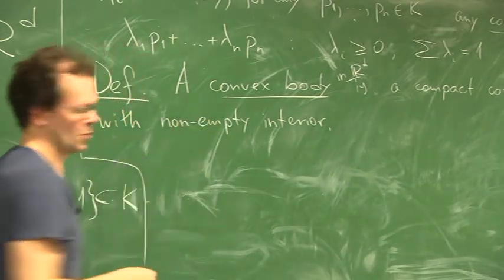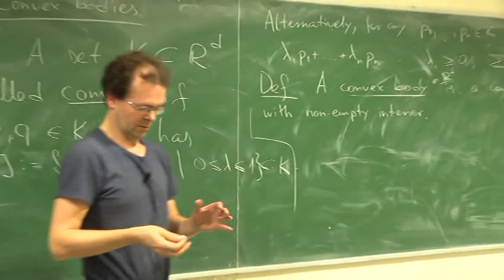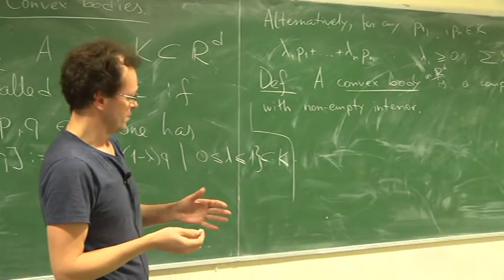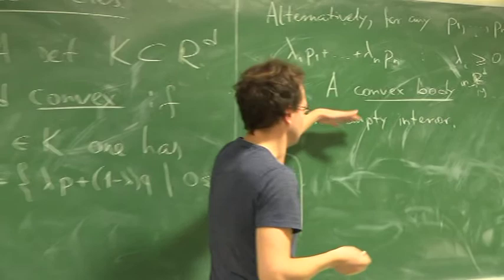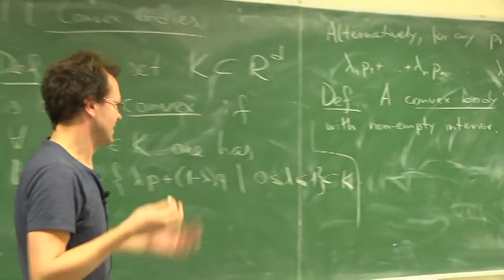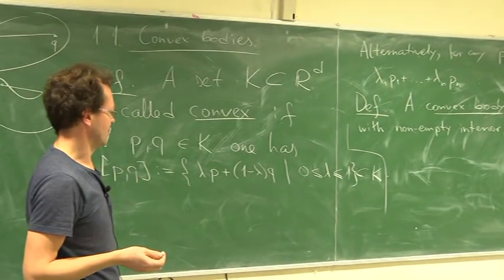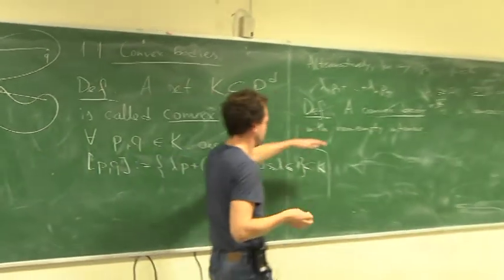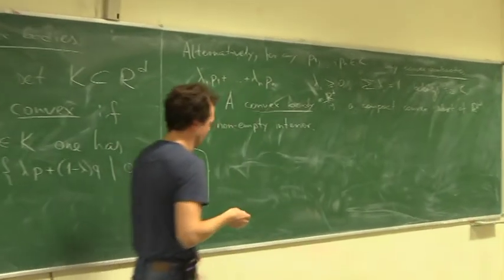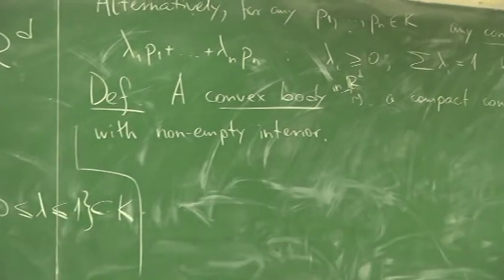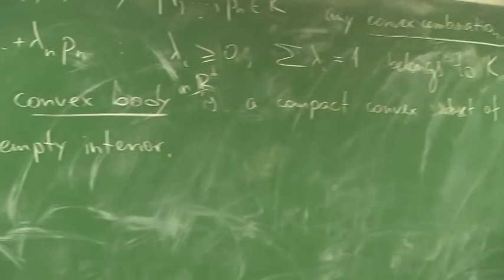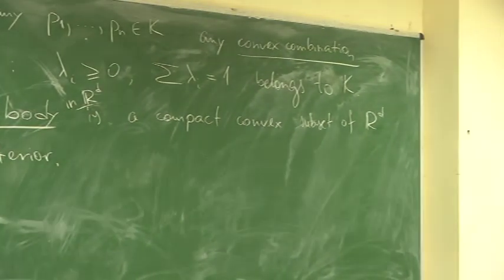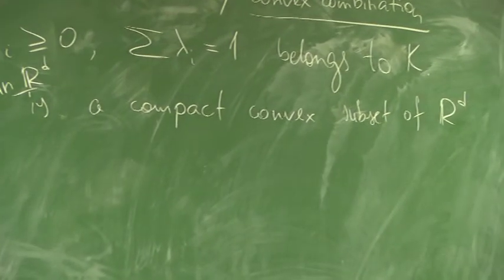So this condition on non-empty interior is actually not very important, but it is used as a necessary condition for this to be called a convex body. But for example, a triangle in the plane is a convex body in the plane, but a triangle in the space is not a convex body in the space because it has an empty interior as a subset of the space.